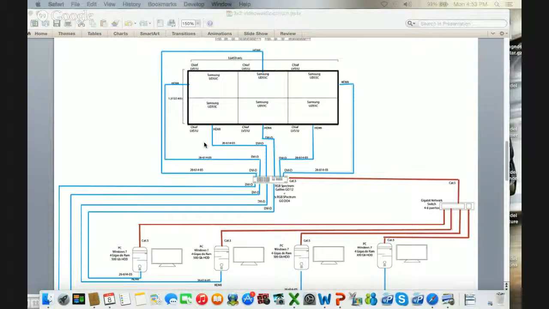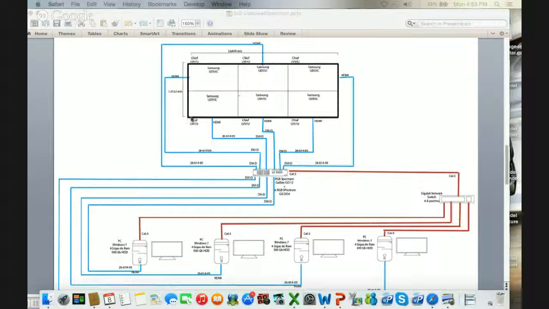How do we make our video wall? The outputs from the video wall processor will come to each of the inputs of the monitors. So we have 6 inputs, 6 monitors, and we will have 6 supports for the monitors.